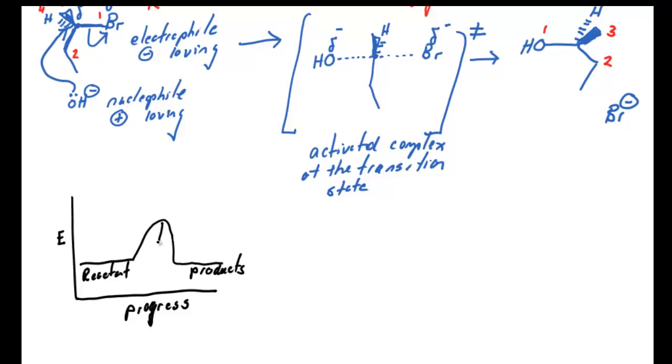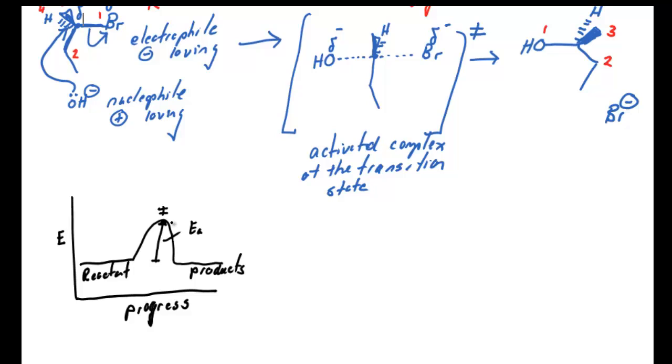Now the difference in energy between the reactants and the height of this hump is known as the activation energy, the minimum amount of energy required for the reaction to occur. And as it turns out, the maximum amount of energy for this reaction is known as the transition state. The activated complex would be how the chemicals look as they move through the transition state.